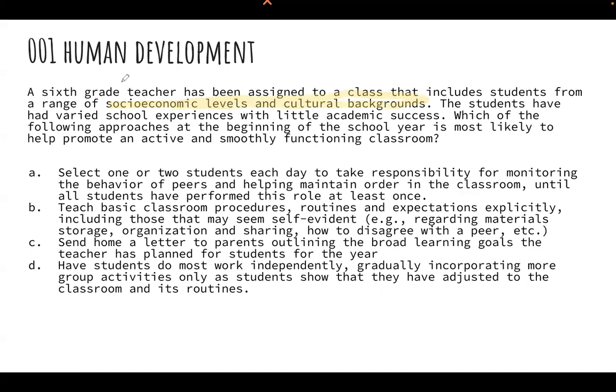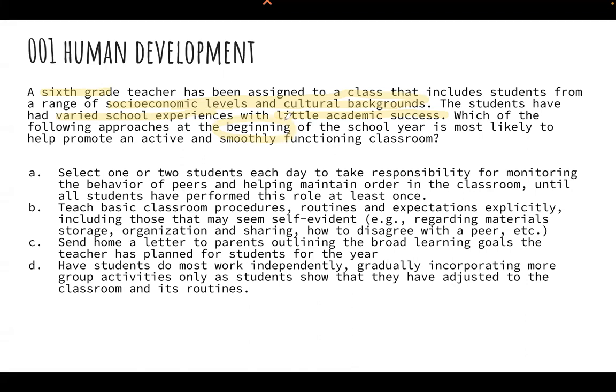So a 6th grade teacher has diversity in their classroom, and they have varied school experiences, little academic success. And we are looking for, at the beginning of the school year, whenever they tell you beginning, middle, and end, it's important. We do different things at different times of the lesson, the unit, and the year.